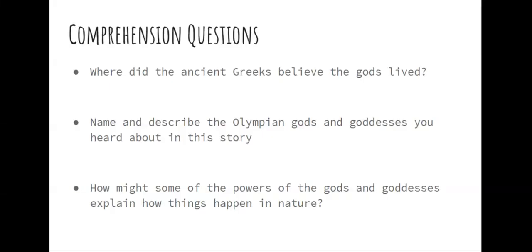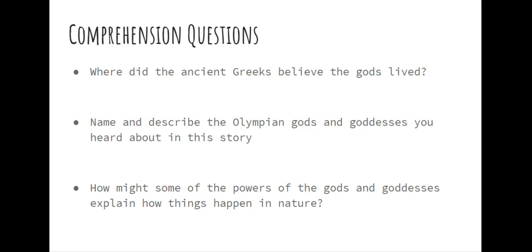So in our comprehension questions today, let's go through what we've learned so far about these Olympian gods. Where did the ancient Greeks believe the gods lived, these really important gods? So we heard about some different gods and goddesses. Which god was the messenger of all the other gods?